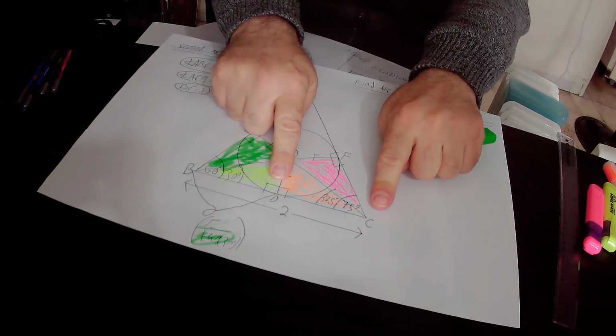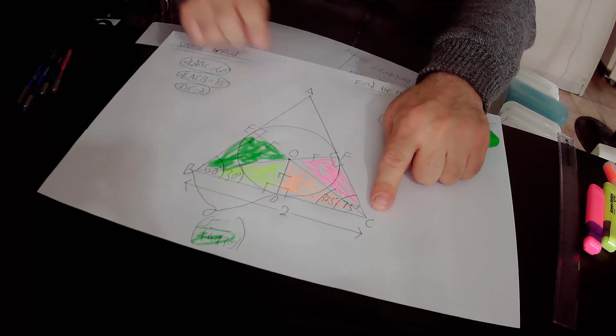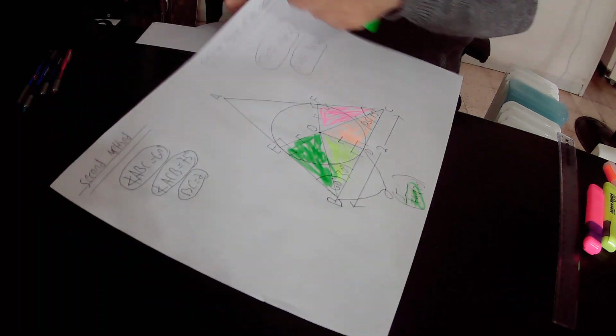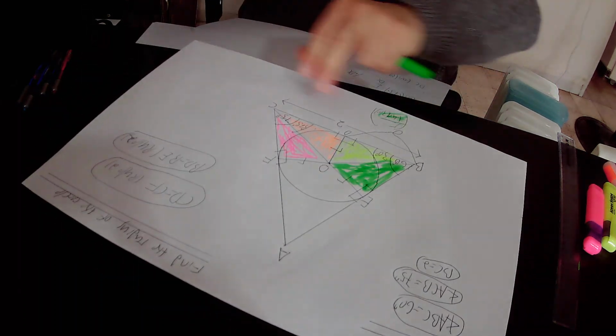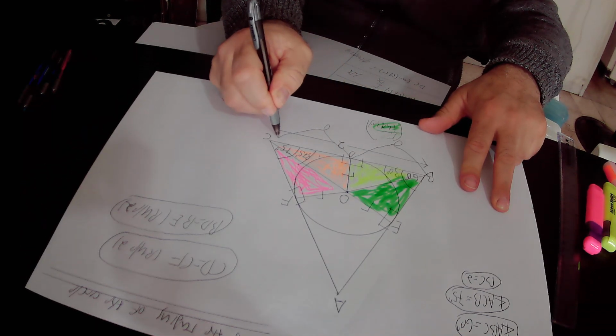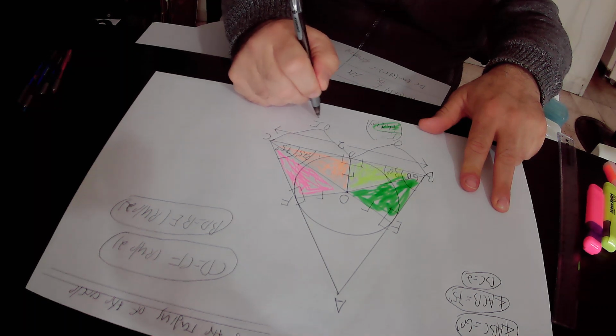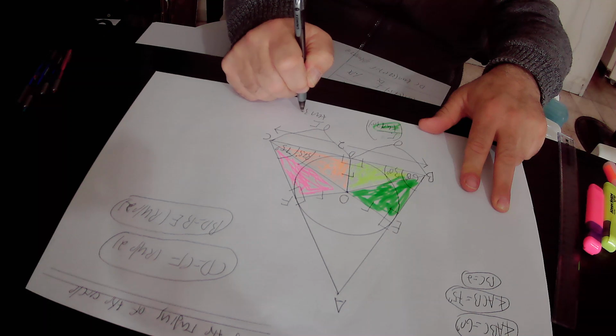This line segment DC is equal to R over tangent 37.5 degrees in its length.